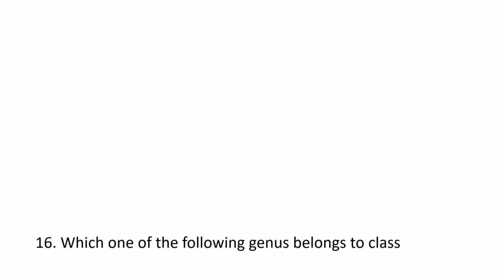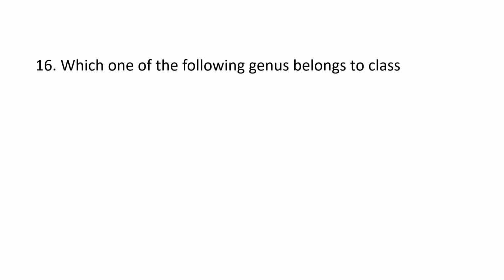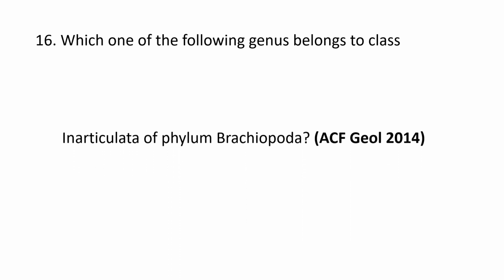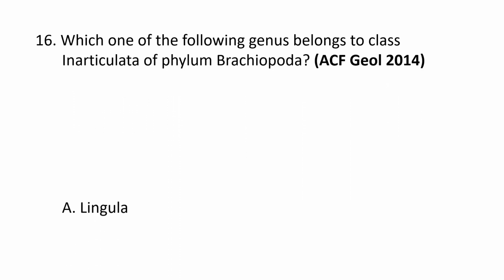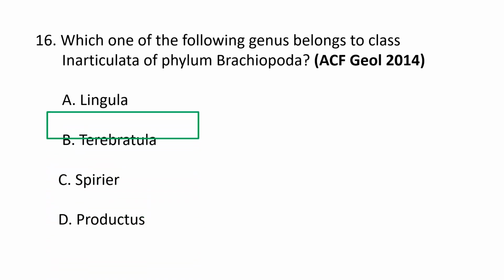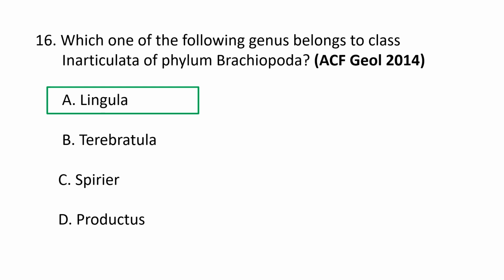Next question. Which one of the following genera belongs to class Inarticulata of phylum Brachiopoda? A. Lingula, B. Terebratula, C. Spirifer, D. Productus. So the correct option is A. Lingula.